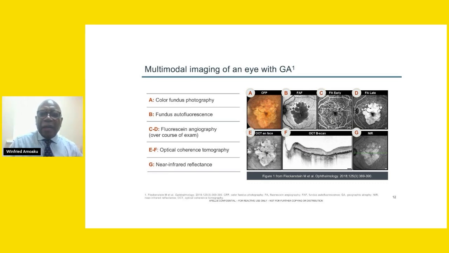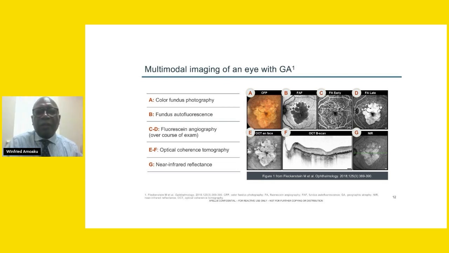Now, this slide here is just to summarize that you can use the different tests that I've shown you, particularly in geographic atrophy. We try and combine the tests to give us more information in particular patients, and the particular combination will depend on the circumstances.